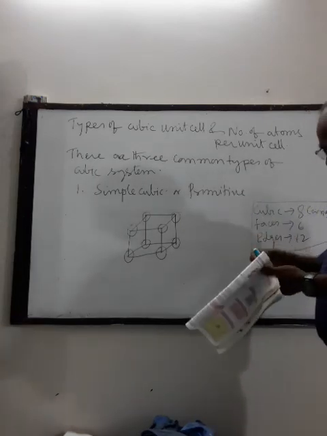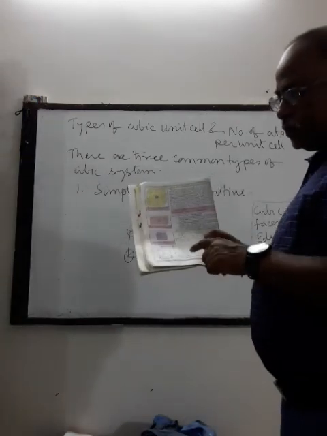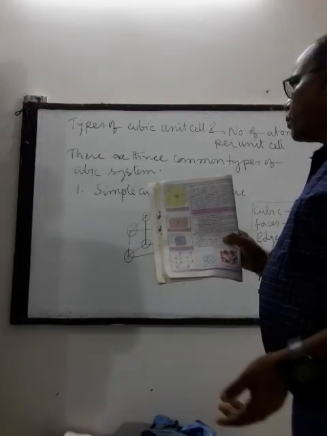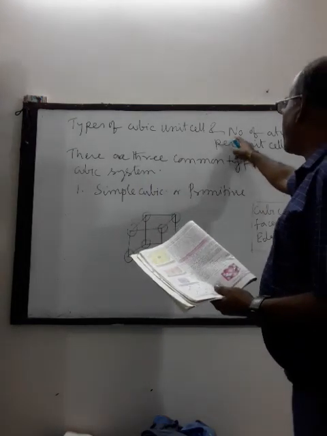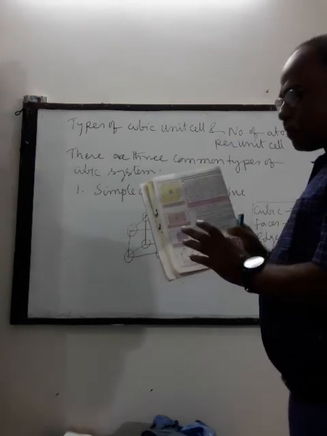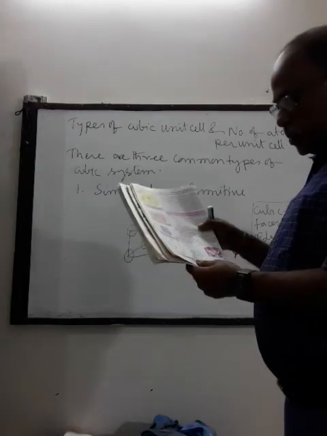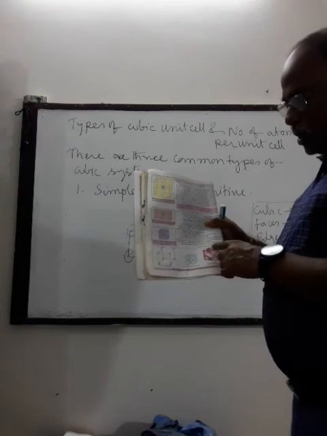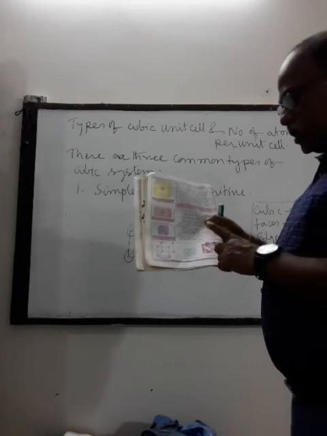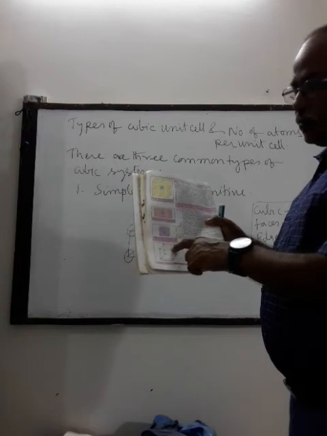So if we draw a cubic unit cell, so this one is a cubic unit cell. So there are 8 corners. So this is simple cubic. Now here we calculate the number of atoms per unit cell. So these 8 atoms are not for this unit cell, because each is shared by 8 other unit cells.